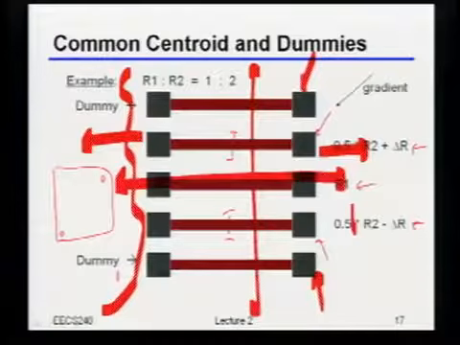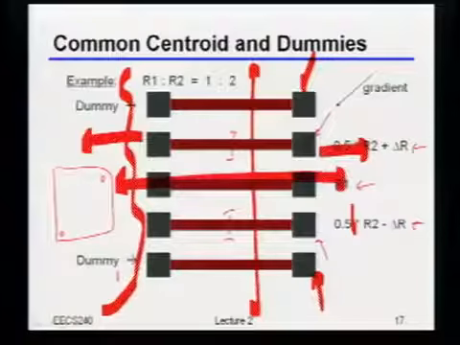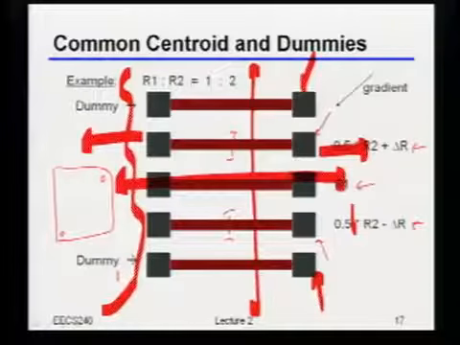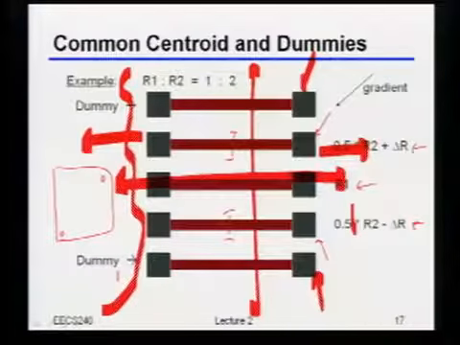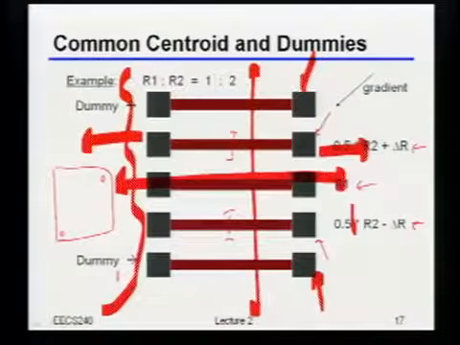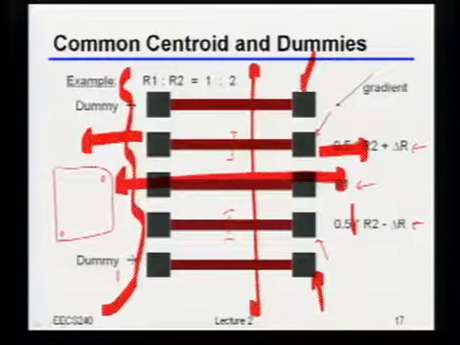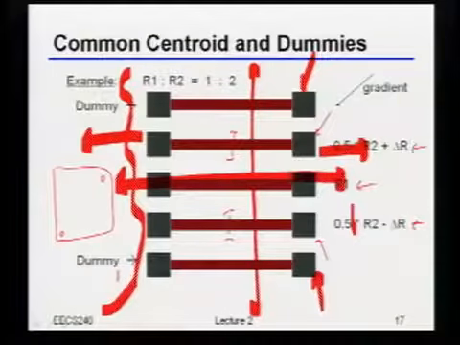So if you've got something where 1% is good enough, put dummies, make it symmetric locally, do the dual unit cell so you don't get the current directions wrong, and you'll hit probably about 1%. If you want a lot better than that, now you have to really start thinking very, very carefully about things.